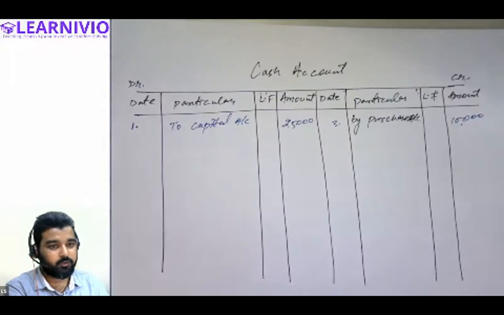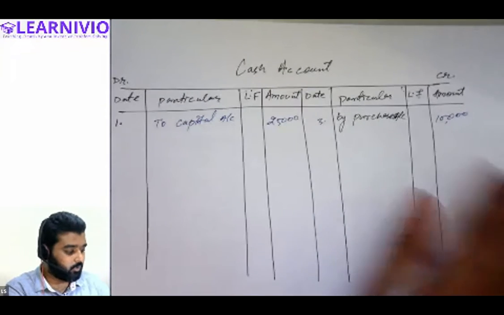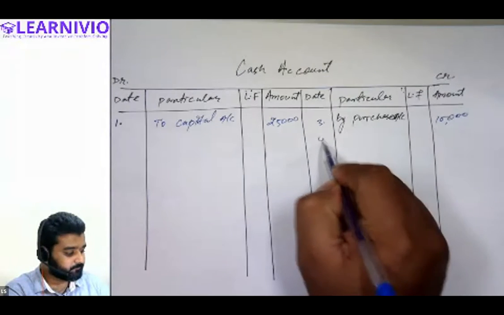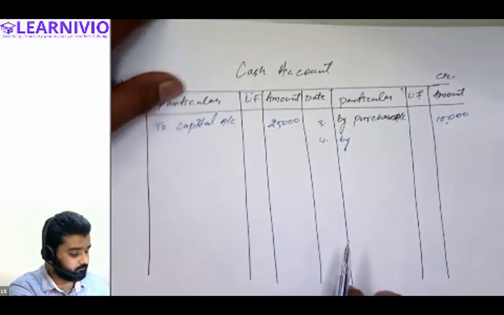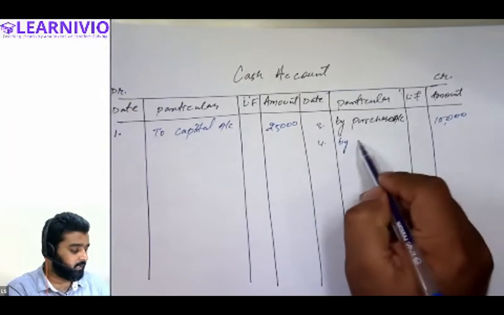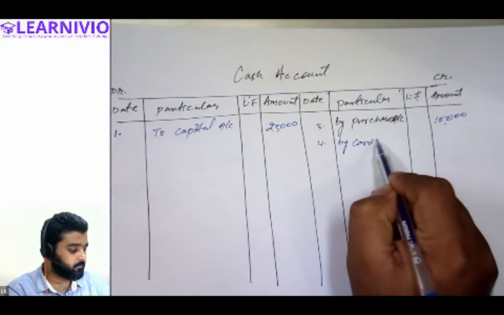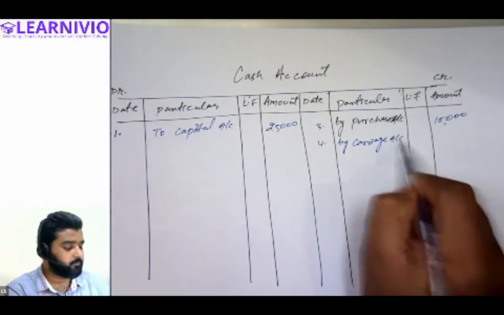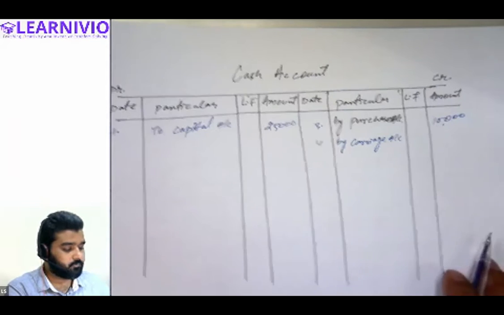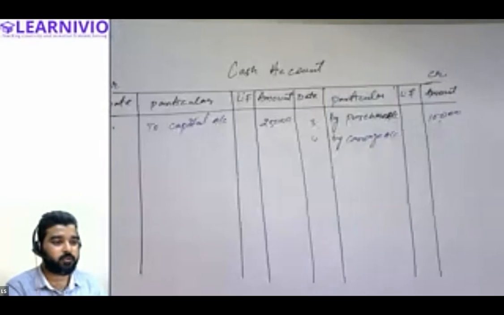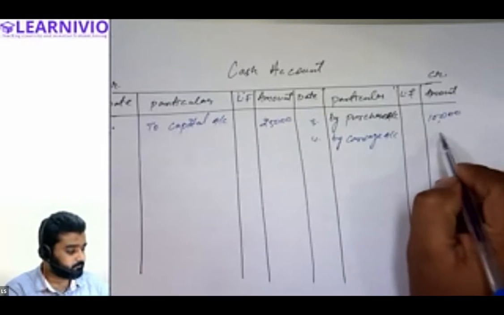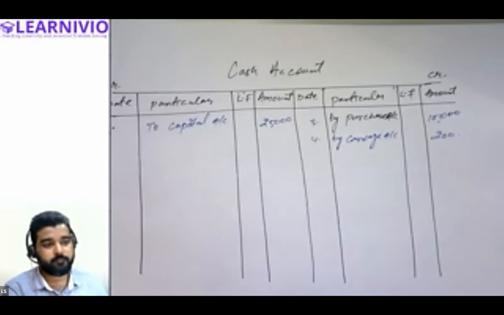Again outflow, so credit side there, right? So now we will write here by carriage. Okay, so carriage was 200.